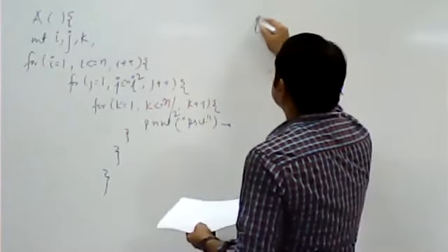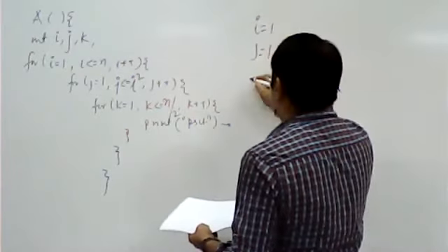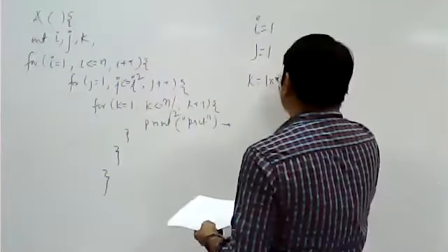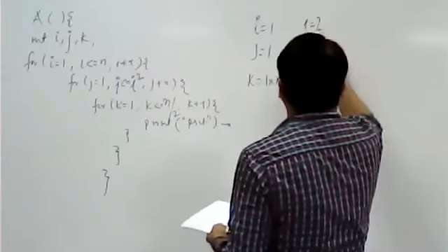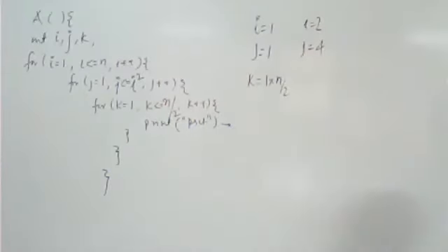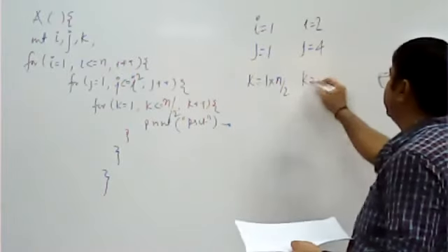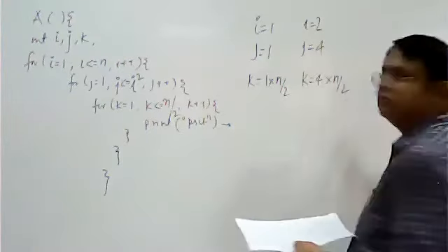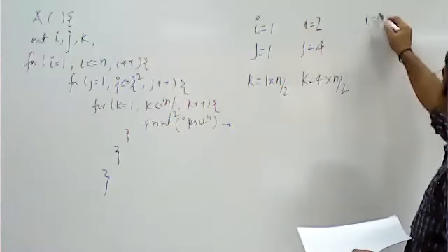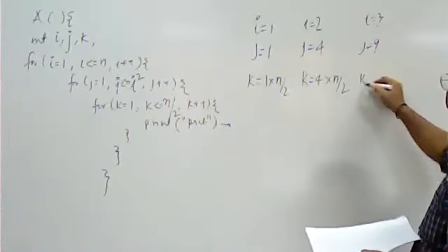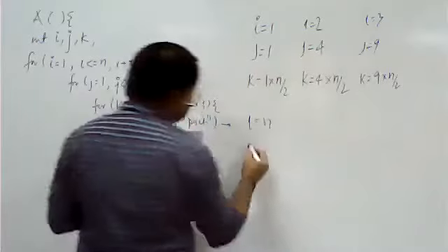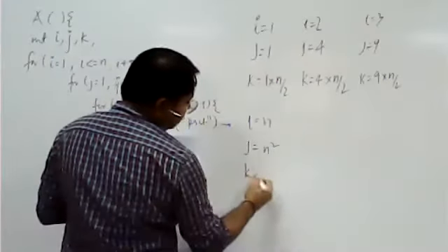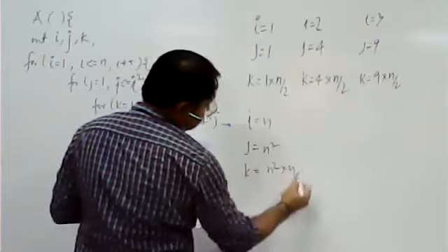So again, i is equal to 1, j is equal to 1, k is equal to 1 into n by 2. i is equal to 2, j will be equal to 4 because j is for i square, so k will be equal to 4 into n by 2. i is equal to 3, j will be equal to 9 and k will be equal to 9 into n by 2. Similarly, i is equal to n, j is equal to n square, k is equal to n square into n by 2.